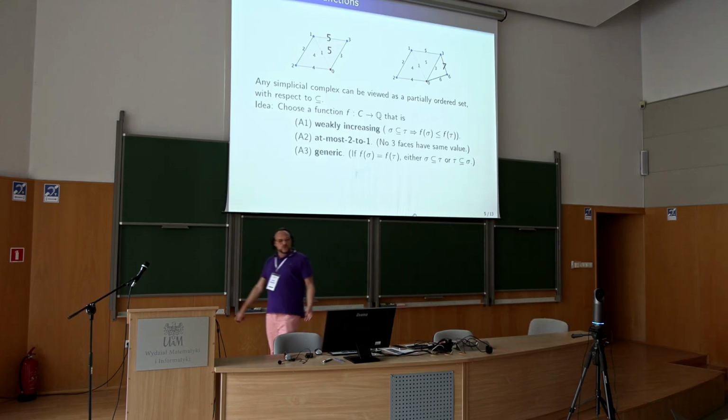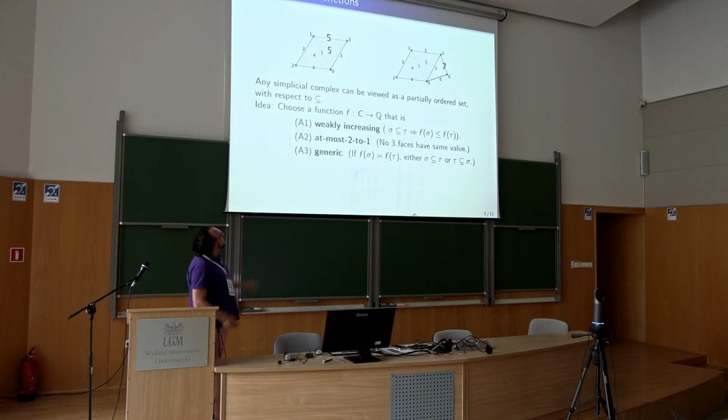So this is supposed to be generic, meaning that if you have something that satisfies the first 2 but not the third, you perturb it a bit, it will satisfy the third. You perturb it exactly at the faces where it's wrong. The third property is whenever 2 faces are assigned the same label, one of them is contained in the other. So if this is not the case, perturb a little bit the function, they will have different labels. So then this is automatically true because this gets false.